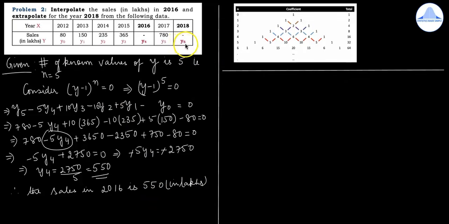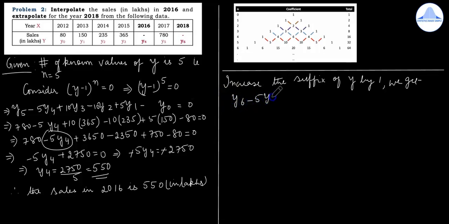So now to find out y6, we have to increase the suffix of y in this particular equation by 1. So write increase the suffix of y by 1. So in this equation, we get y6 minus 5y5 plus 10y4 minus 10y3 plus 5y2 minus y1 is equal to 0.